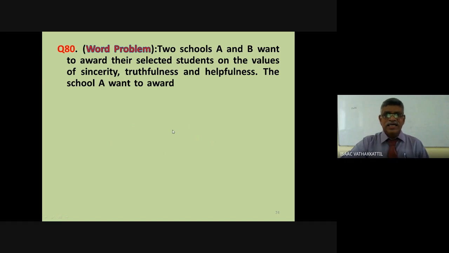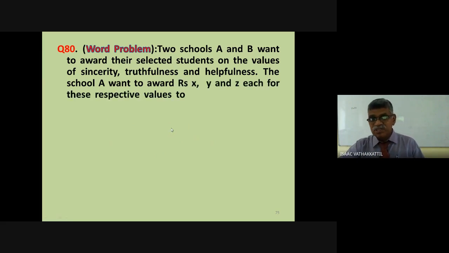There are two schools, A and B. School A wants to award rupees X, rupees Y, and rupees Z for each of these respective values. That means X rupees for sincerity, Y rupees for truthfulness, Z rupees for helpfulness. How much that is, is unknown.